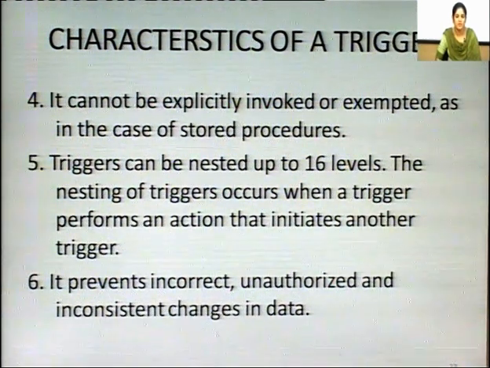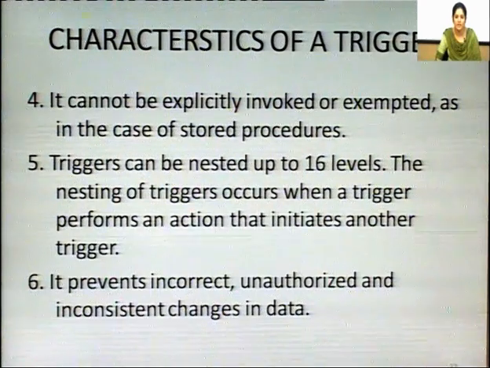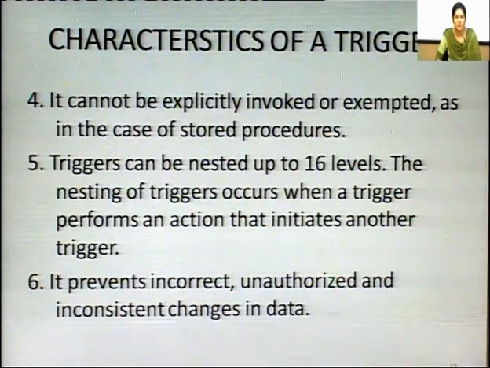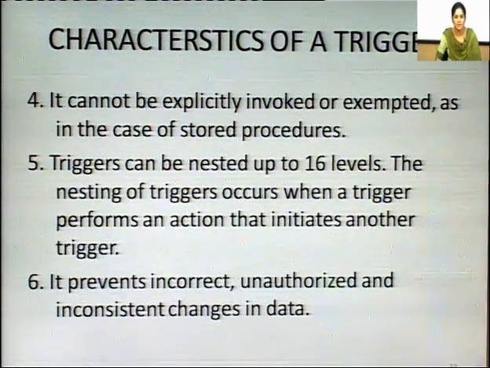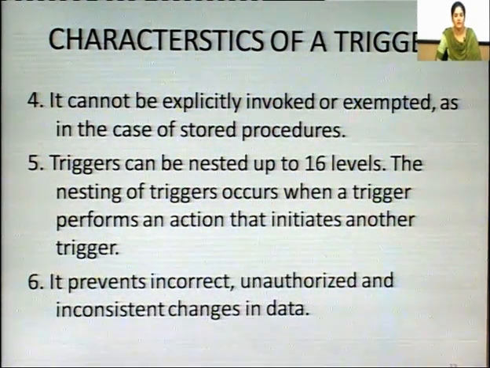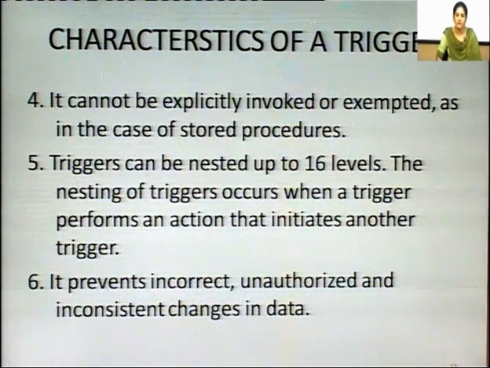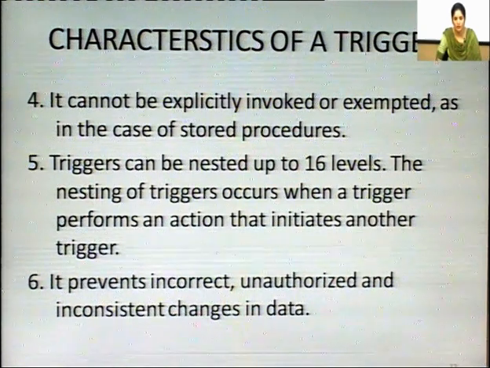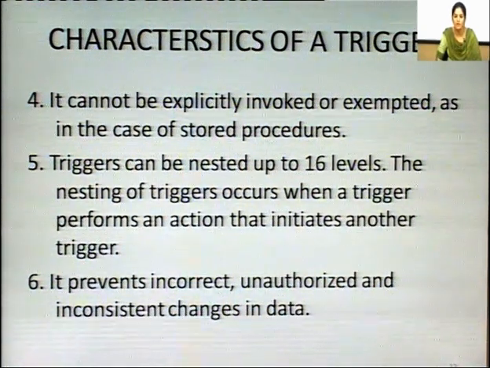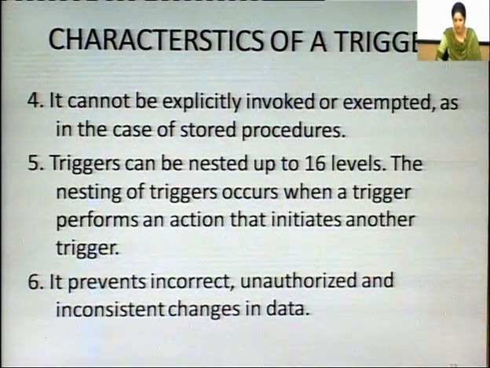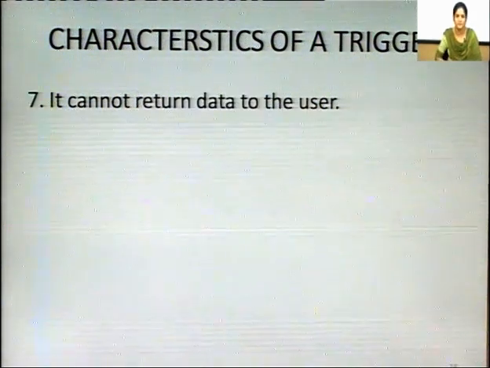Third characteristic is it prevents incorrect, unauthorized and inconsistent changes in data. By firing a trigger in your database whenever a modification is done to your database, by using triggers you can prevent the incorrect entry in your database and unauthorized view of your database and any kind of inconsistent changes in your database.